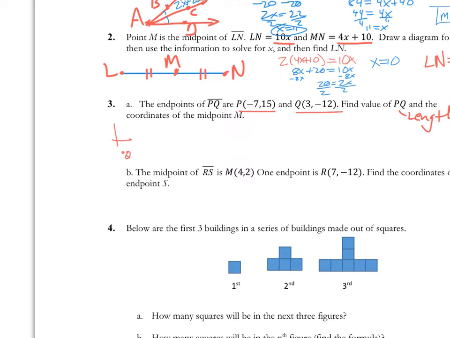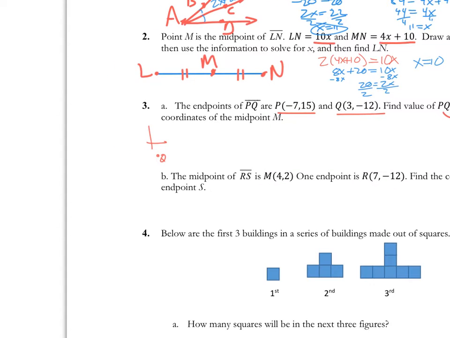There's like Q. And then negative 7, 15, well, that's going to be way over here, for P. And you could think about the rise and the run, and you can count that out, and you could use the Pythagorean theorem. Okay? Totally fine way to go, all right?